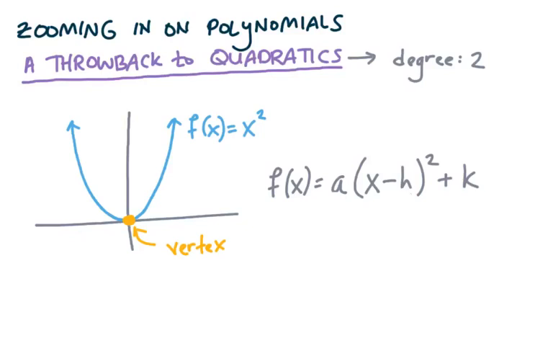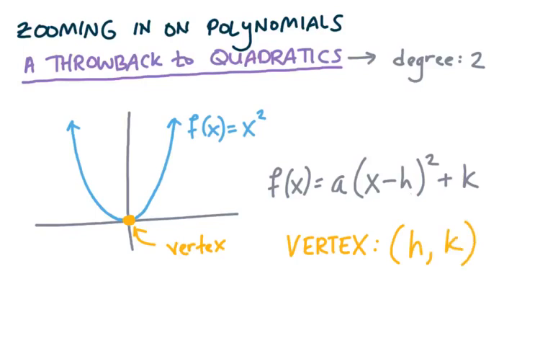Cool. So the reason I bring all that up is it turns out that this vertex characteristic that I'm bringing up again as something that's important specifically for quadratics can actually be found just by knowledge of transformations. So if you're given a quadratic that looks like a parentheses x minus h quantity squared plus k, the vertex is at h comma k, which is pretty cool.